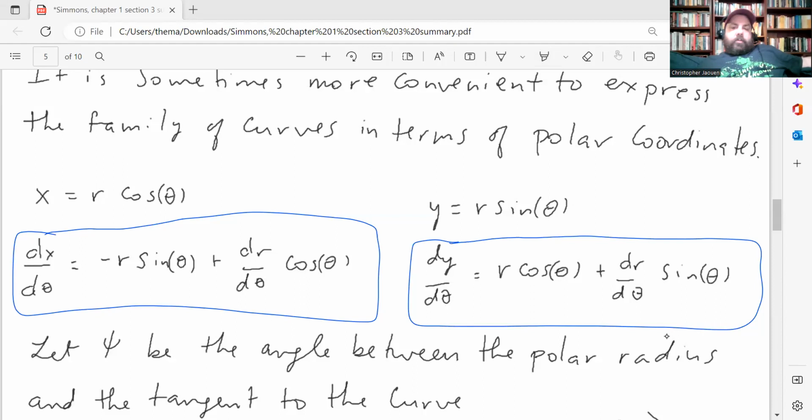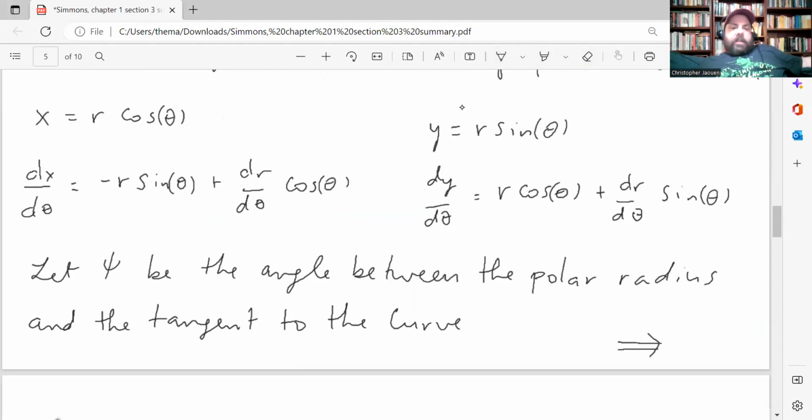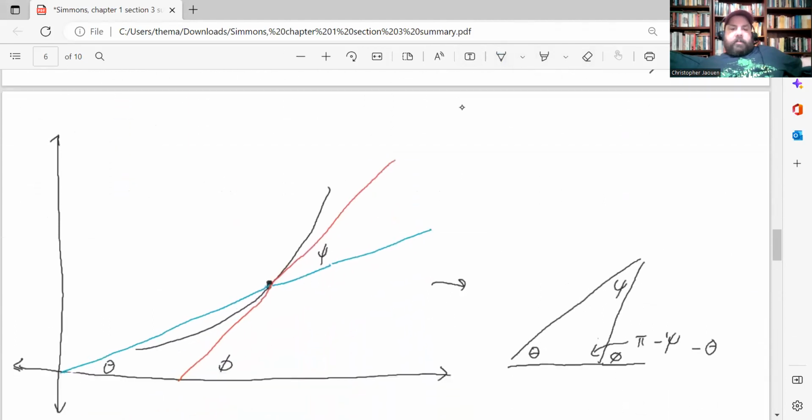Okay, so instead of using that complicated formula for dy dx, what we'll do is we'll let psi, this is the Greek letter psi, be the angle between the polar radius and the tangent to the curve, as opposed to the angle between the x-axis and the tangent line. So I have the picture drawn below here.